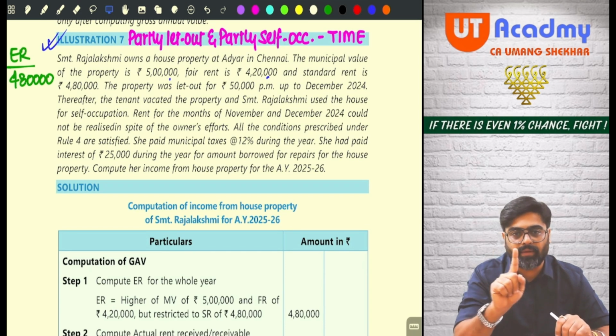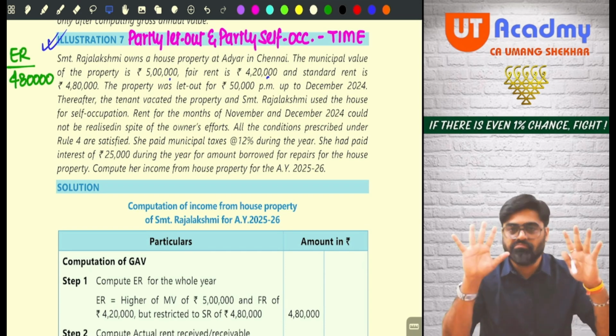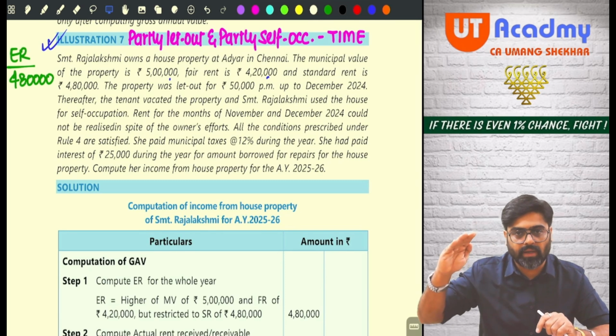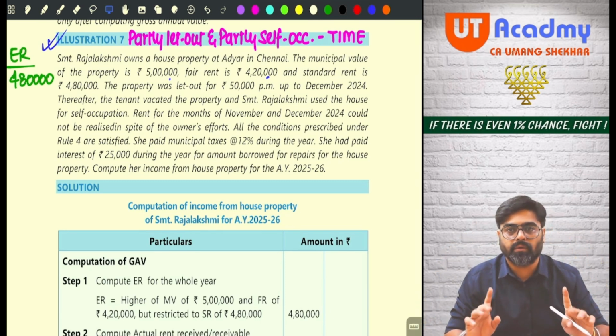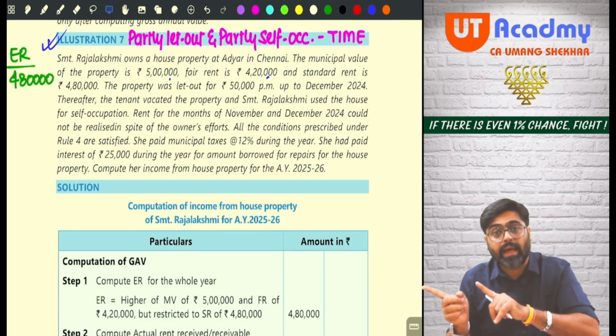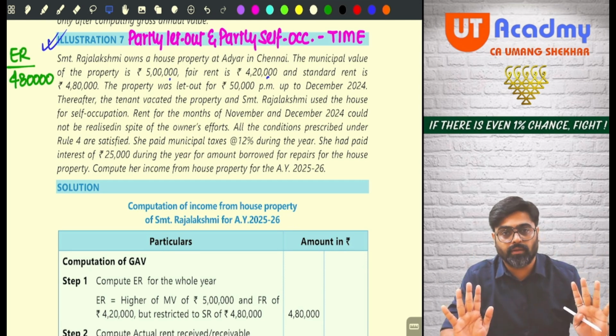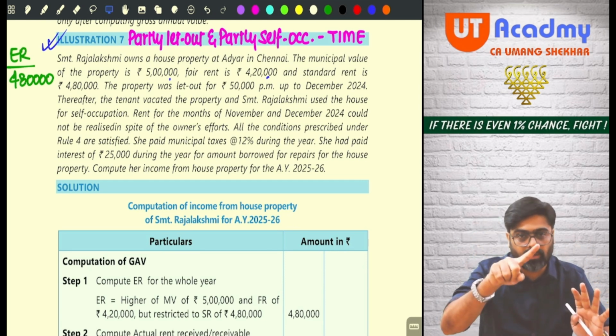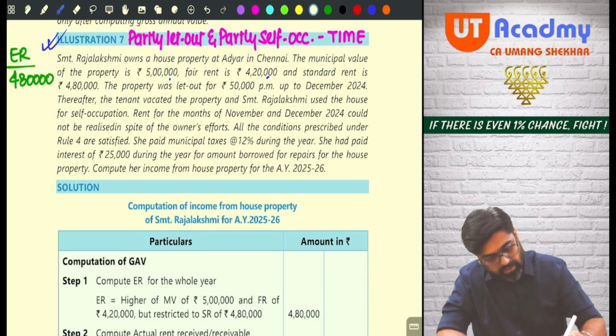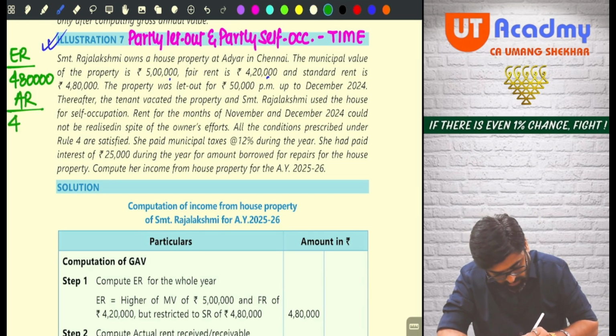Tell me, is there any vacancy? 9 months let out, 3 months self-occupied. Actual rent will be for 9 months only. So 50,000 into 9, actual rent will be 4,50,000. Yes or no?